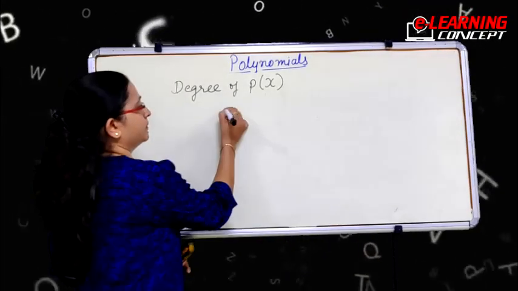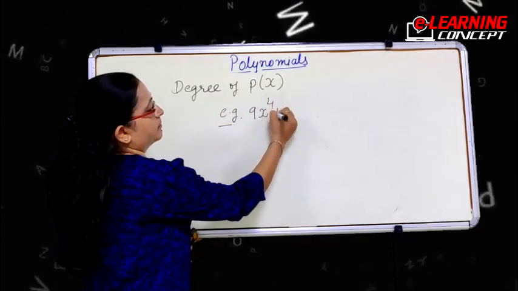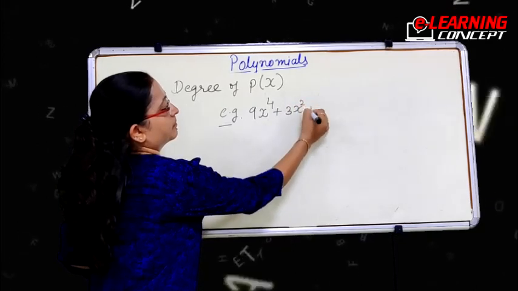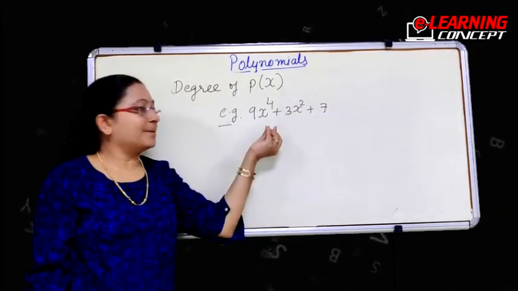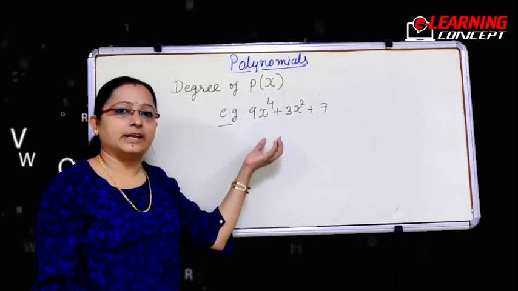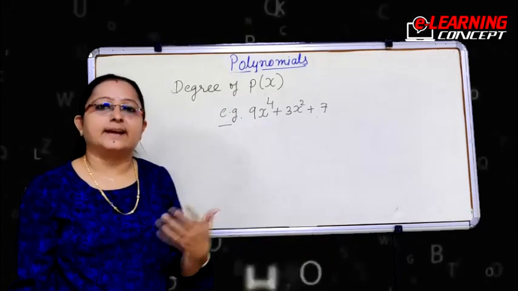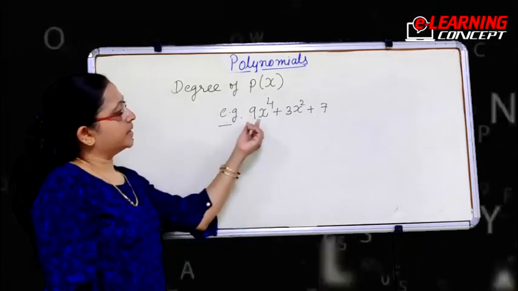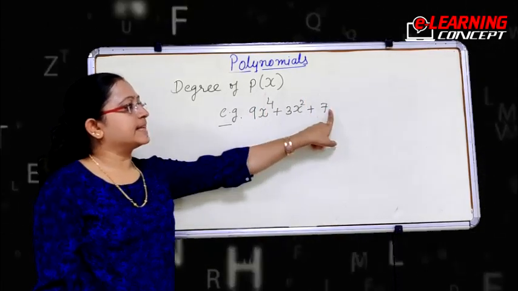For example, in this polynomial variable x we have, variable in the sense which keep on changing the value of itself, they are the variables. We are taking x, y, z, m and so many. So here power is 4, power is 2 and 7.